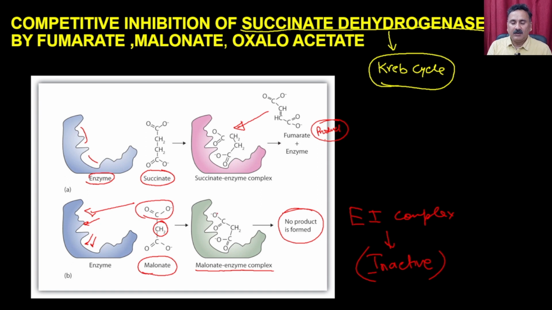Remember that all these interactions are mediated by reversible forces such as van der Waals forces, electrostatic interactions, salt bridges and all that, and that's why this kind of inhibition is called reversible inhibition.